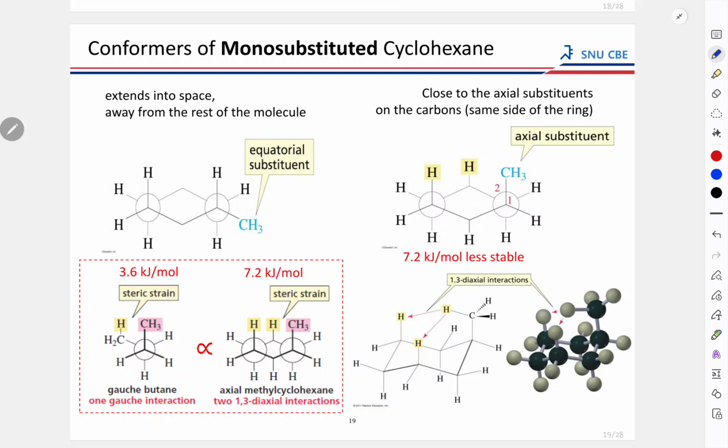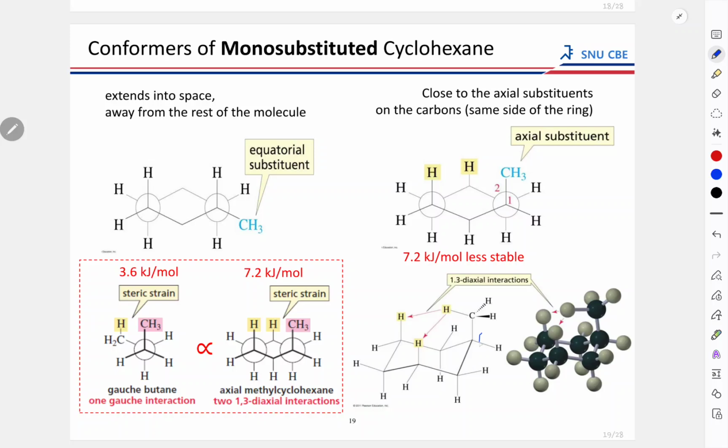And now this hydrogen is sitting close enough to the other axial hydrogen, and they can repel each other. And we define this interaction as a 1,3 interaction, because you can count this carbon. If this carbon is number 1, then you can identify this carbon as 3: 1, 2, 3; 1, 2, 3.